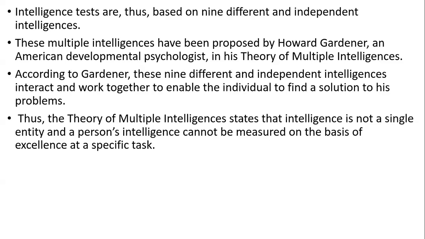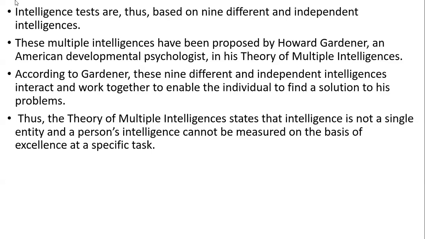So according to you, yes, there are 9 different independent intelligences given by Howard Gardner. The theory of multiple intelligences states that intelligence is not a single entity. It is not only one thing.